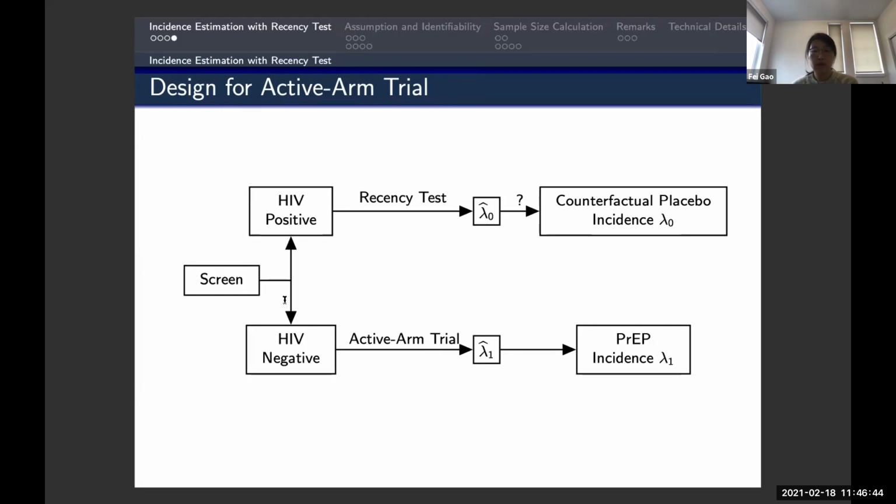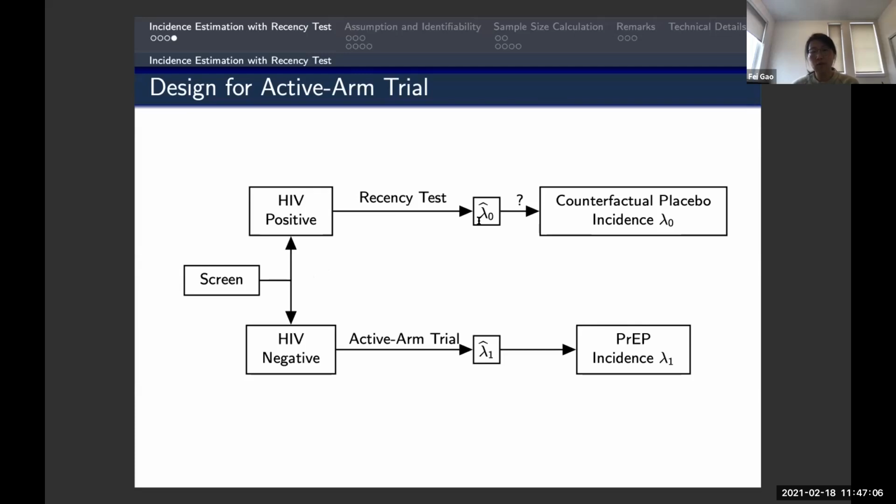On the other hand, we are trying to infer this counterfactual placebo incidence lambda 0 using this recency test. Particularly, we will apply a recency test to those HIV positive subjects. And based on the estimator I have shown before, we may come up with this lambda 0 hat as an estimate.